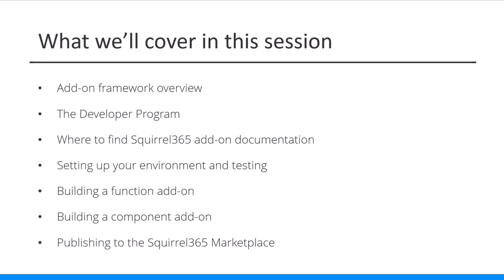We'll look at some of the internals of building a component, and we'll talk about the differences between a function component and just a normal visual component. With the time we've got, we'll try and get a full component built. And then we'll go through publishing it to the Squirrel 365 marketplace, so you can see the full end-to-end and hopefully give you a good starting point to get you going on building add-ons for Squirrel.